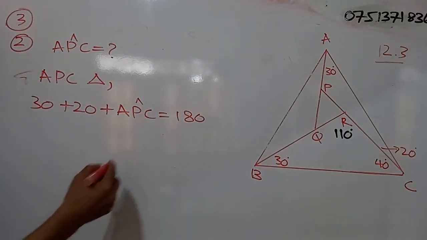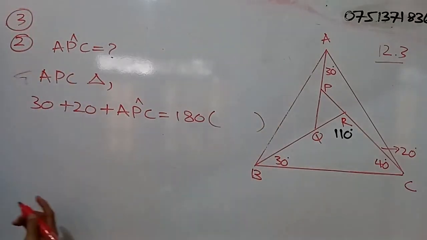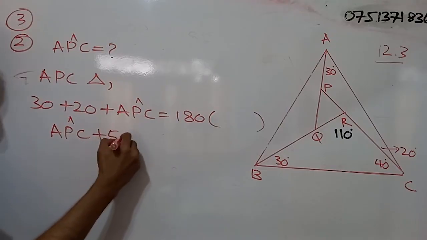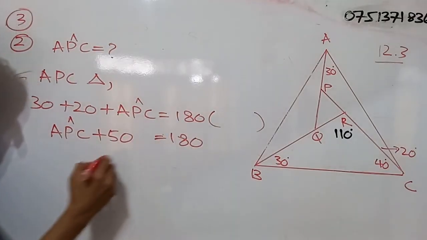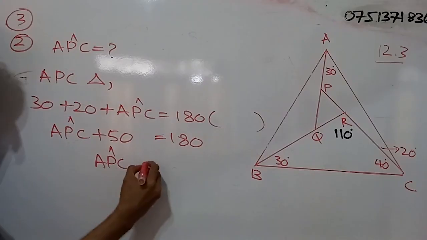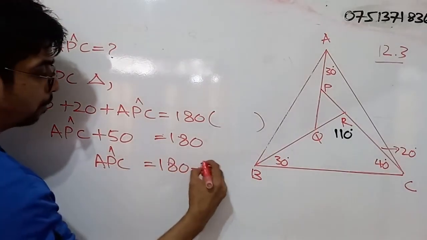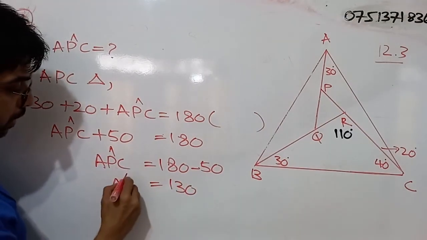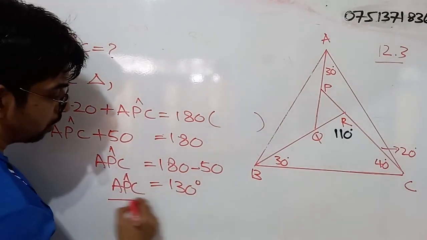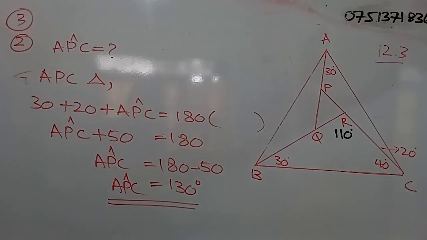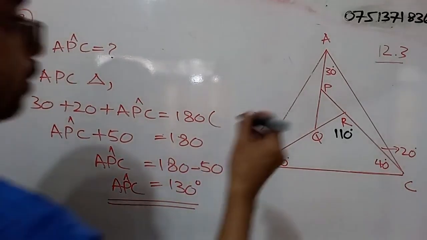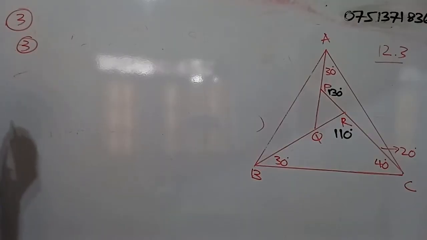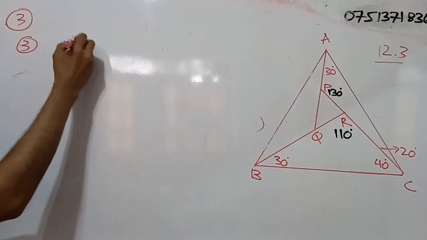Sum of internal angles of a triangle. So you have to write down the reason. So APC plus 50, that is equal to 180. APC is equal to 180 minus 50, which is what? 130. APC is 130. So we will write 130 here. Right, third part, we have to find the angle BQA.